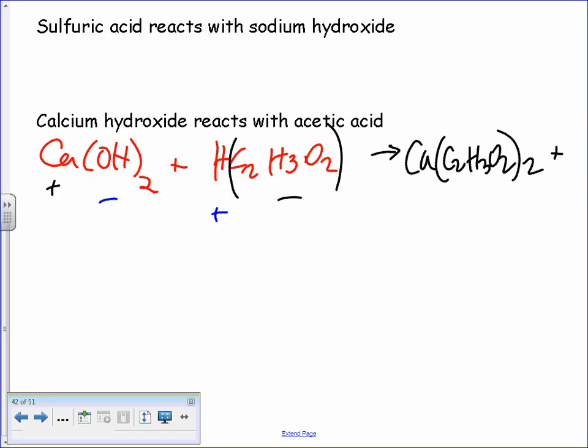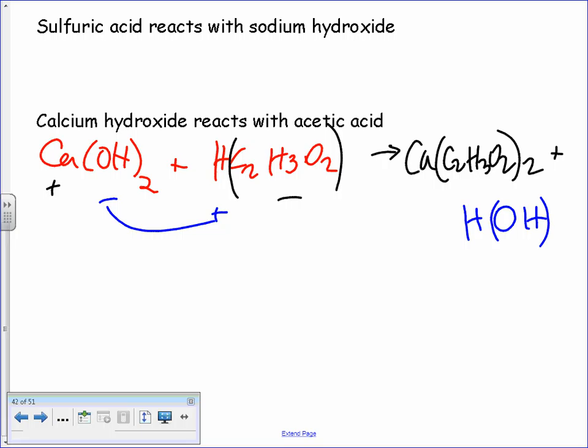So what are they going to come together to make? Well, that's going to be you just putting the 2 together without thinking about your cation and anion. So we're going to put the cation first. So the H plus comes first. And then the OH right here, which is a minus charge, comes second. So that's HOH, which for us is just H2O, which is water.